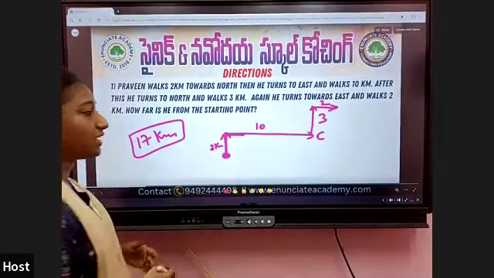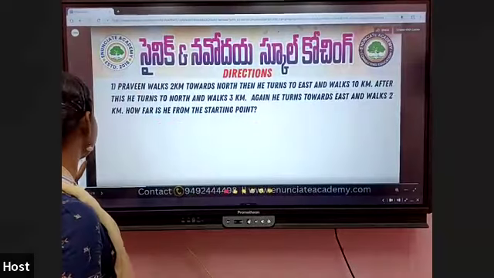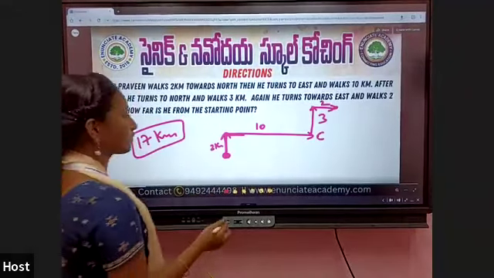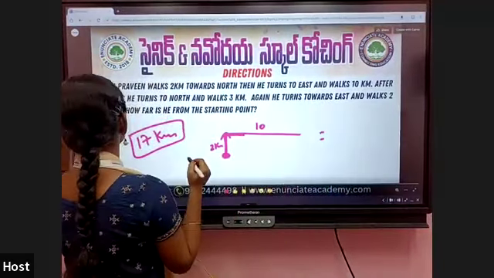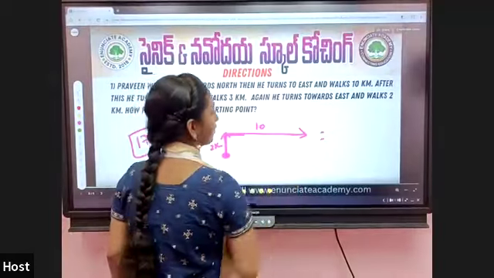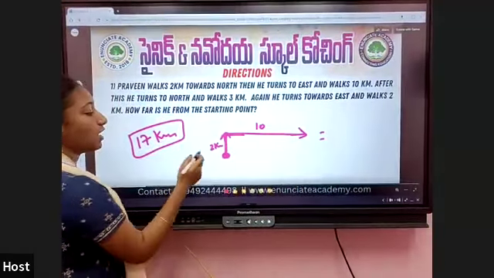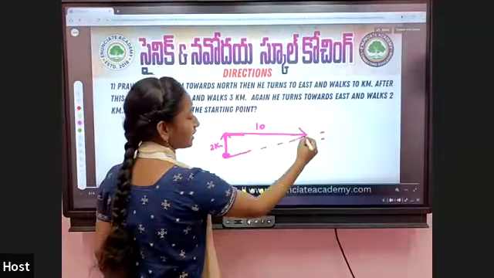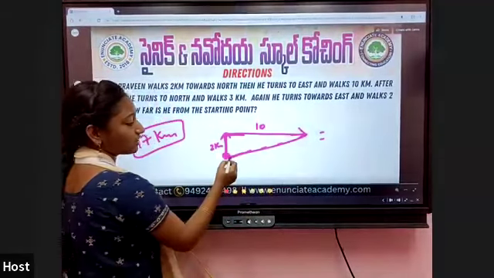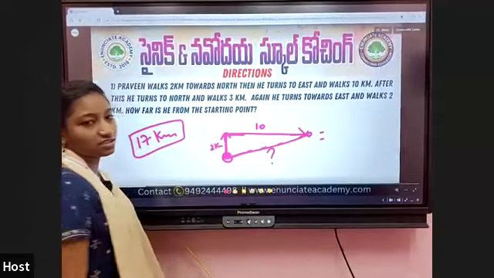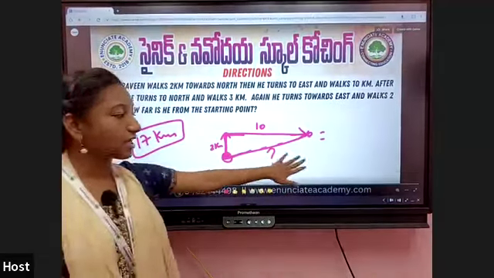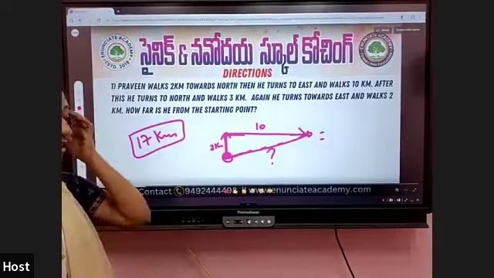For some diagrams, the question will be like this, and they will ask how far he is from the starting point. This is the starting point, this is the ending point. Suppose we should find this distance. This diagram is in the form of a right angle triangle.